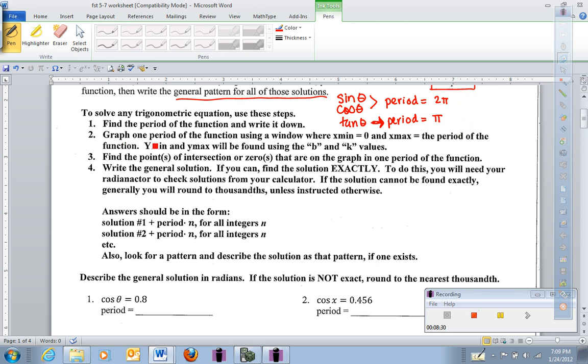We're going to graph one period of the function using a window where x min is 0 and x max is the period of the function. So we're always going to look at the first period to the right of 0, giving us some kind of positive values. The y min and the y max will be found by using the b and the k values. So we'll have to look at amplitude and vertical shift to be able to figure out if we're going to push the graph up or bump the graph down or extend it as far as amplitude is concerned.